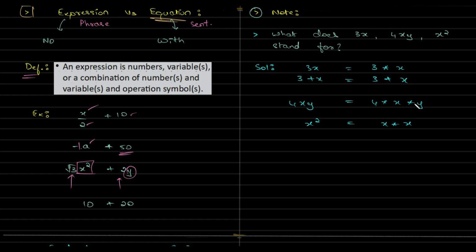So basically here I'm trying to show you that 4xy, 3xy, x square y, all this means that things are getting multiplied. 3 of x plus 10 means 3 into x plus 10. So these are the things which you need to know.